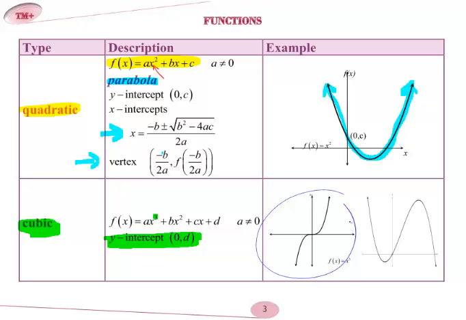The reason is there's only one x-intercept, because when x is 0, f(x) is 0. Our other type of cubic has two turning points, a minimum and a maximum. That graph could also be in the opposite direction and look like that. So that's what a cubic looks like.